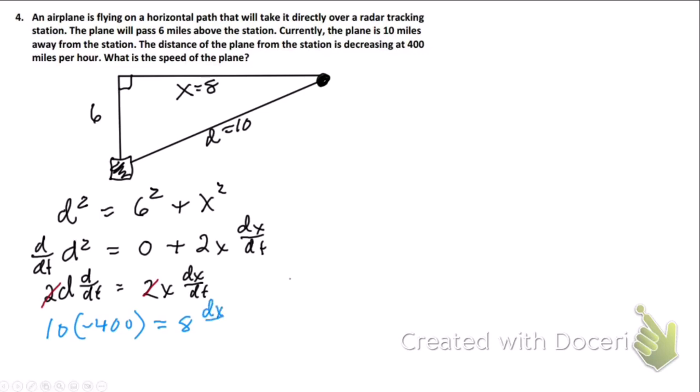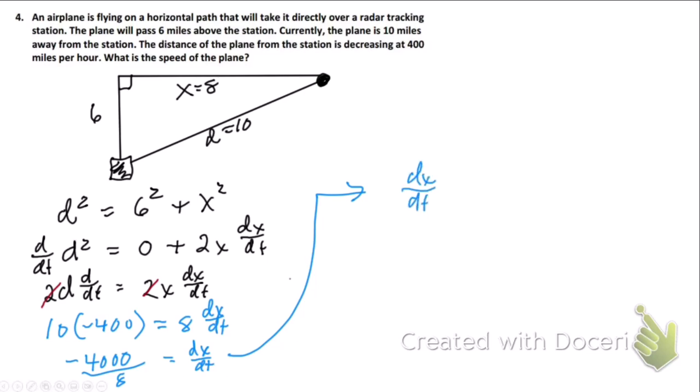So I've got negative 4,000 divided by 8, which equals negative 500. That doesn't make sense because it's asking for speed, and it can't be negative. Yeah, now we found velocity, didn't we?